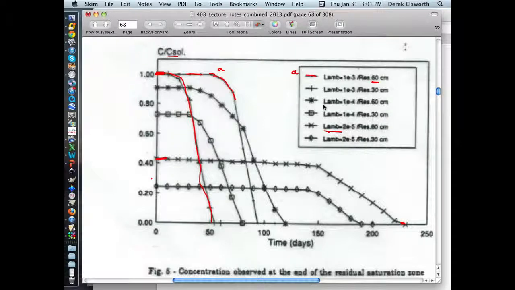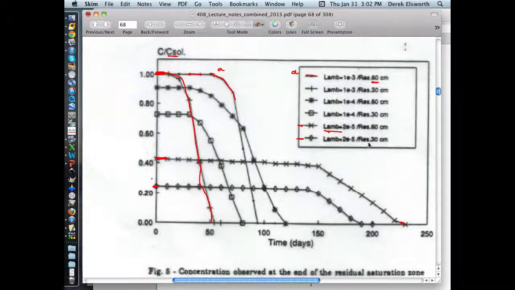Where the mass transfer coefficients are larger, it should have a lower concentration. And maybe the difference between these two, which have the same mass transfer coefficients, this and this: the relative permeability is making it go through faster in this case, and so it reaches a lower concentration.